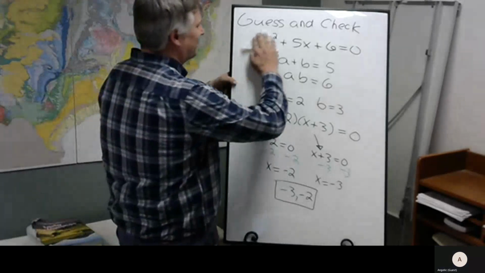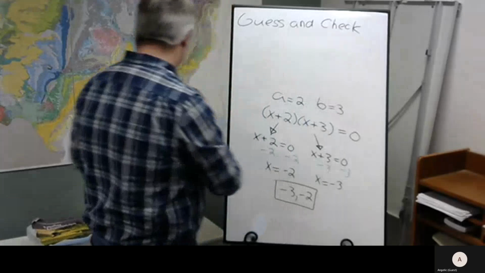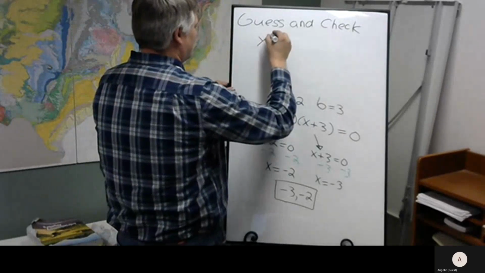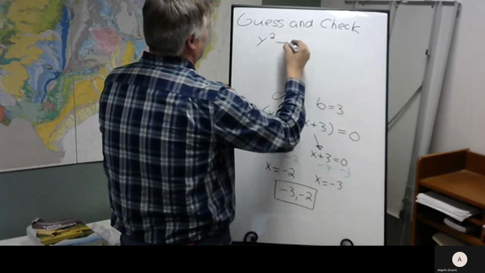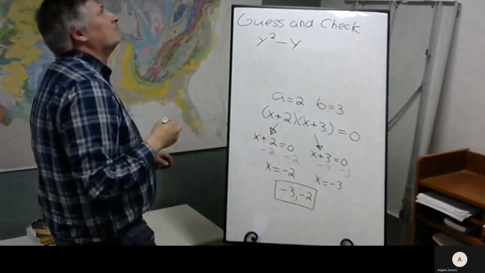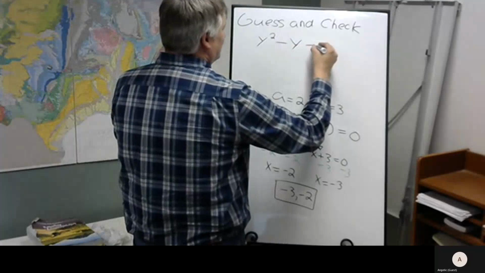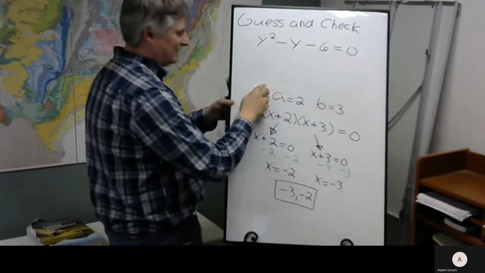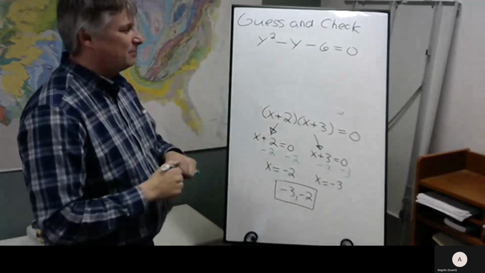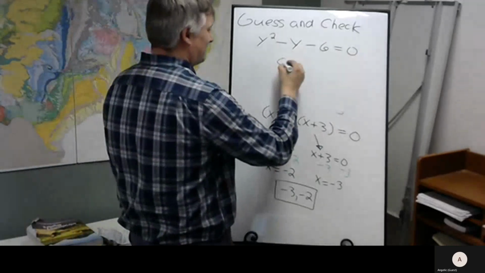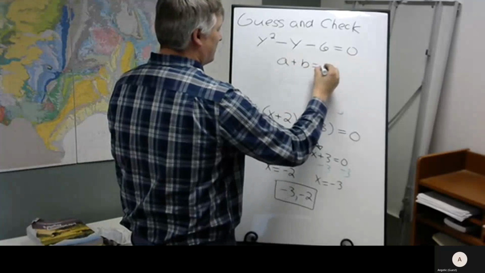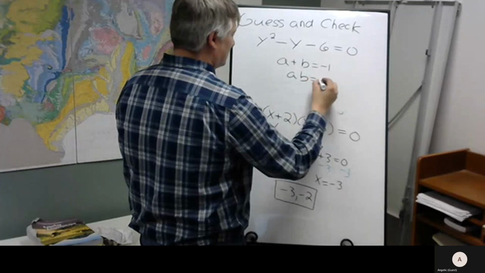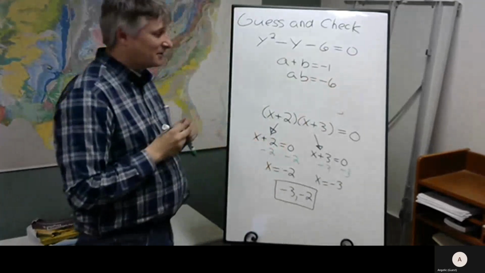So let me do another one. So again, we want to guess A and B, so they're equal. In this case, their sum is -1, and their product is -6.